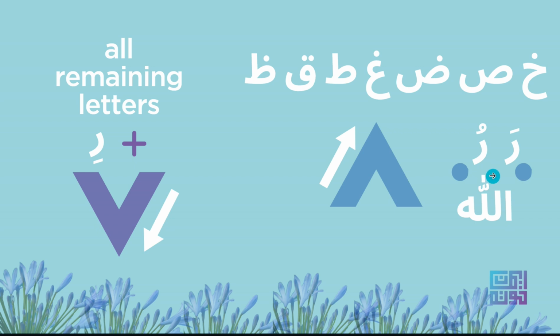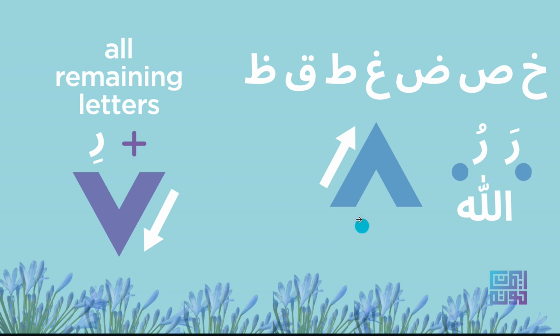We are going to take it in its very simplest form because there are many details regarding the letter ra, but we are not going to go into them in this lesson, insha'Allah. We are just going to mention the information that we need so that we can read properly at this stage of our learning, insha'Allah.